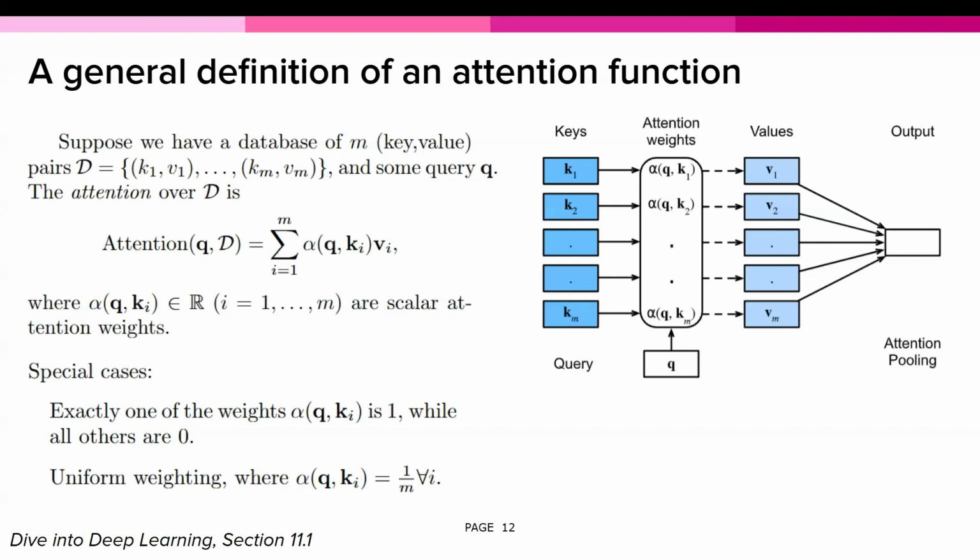But at its core, attention is like a soft search or a soft dictionary lookup, because given a query, which represents the information that we're trying to find, we're going to search over a database of key value pairs, where each key represents a different aspect of the input, and each value is the information that's linked to that key.